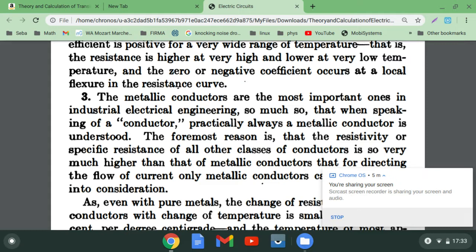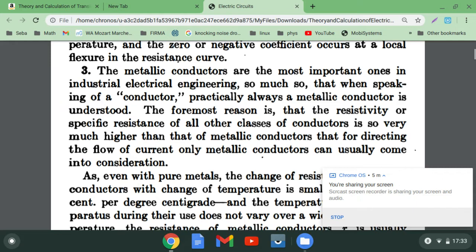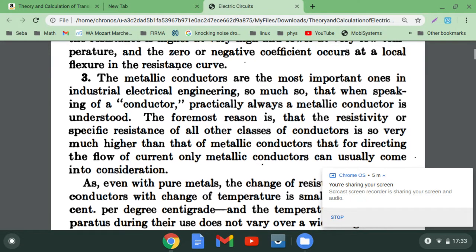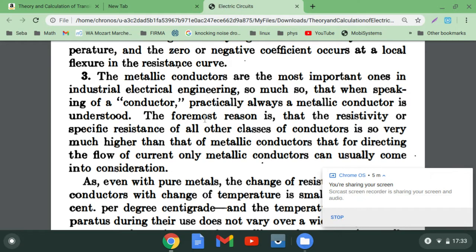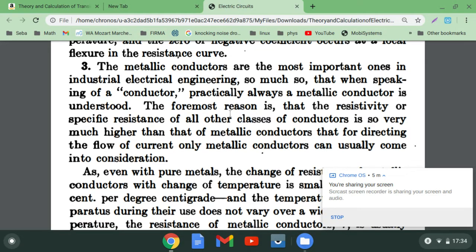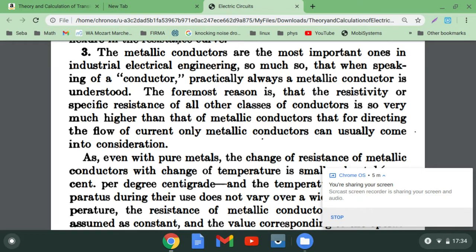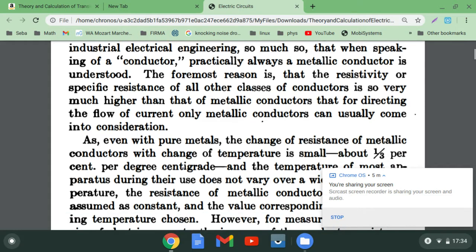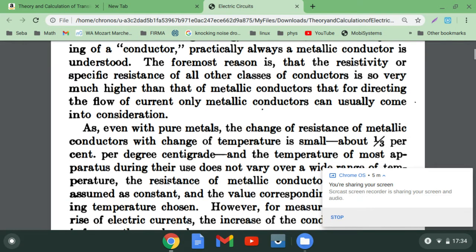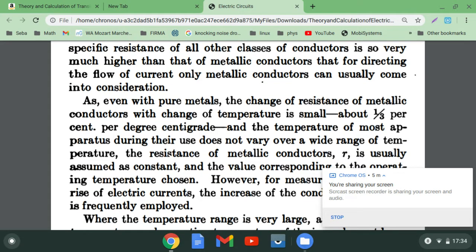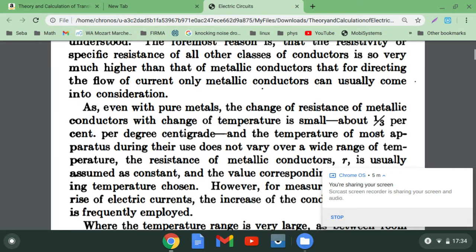Number 3. The metallic conductors are the most important ones in industrial electrical engineering, so that when speaking of a conductor, practically always a metallic conductor is understood. The foremost reason is that the resistivity or specific resistance of all other classes of conductor is so very much higher than that of metallic conductors, that for directing the flow of current, only metallic conductors can usually come into consideration.